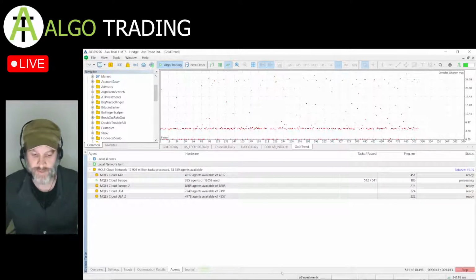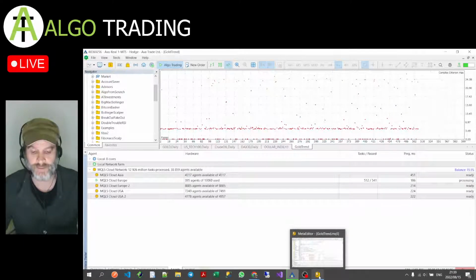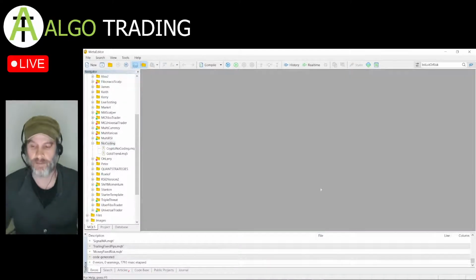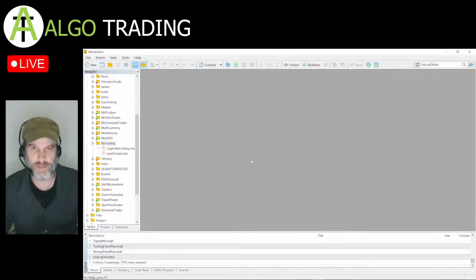Okay, so while that's running, let's build our trend following system. I mean, our mean reversion system. So again, I'm just going to close this window. Okay, so a mean reversion system is essentially you buy the dips and you sell the rises, hoping that it will come back down to the mean.